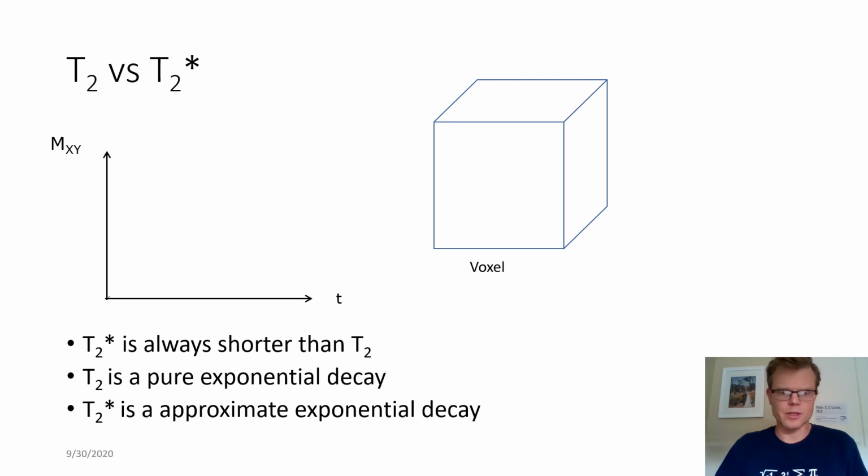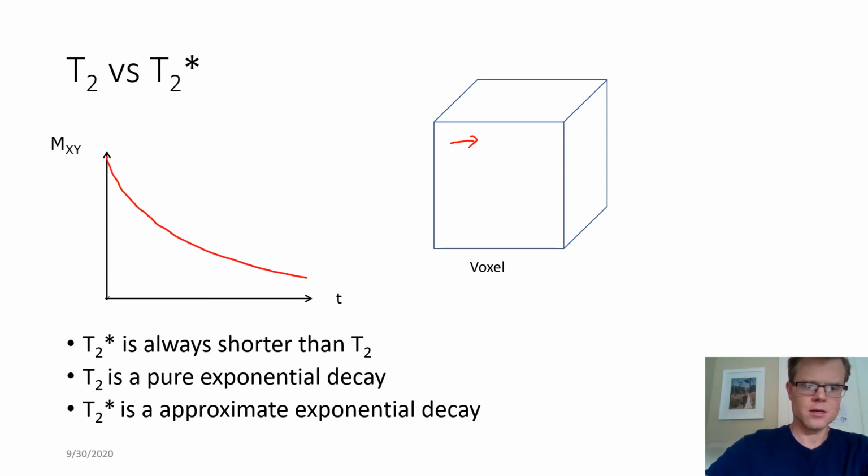Another way to illustrate that is to look at the signal over time in a voxel in a couple of different ways. Say we're just looking at the transverse magnetization here from a single location. That transverse magnetization is going to decay with time constant T2.